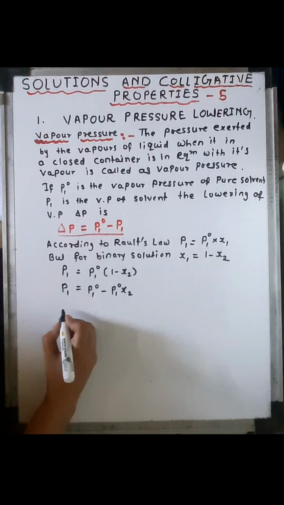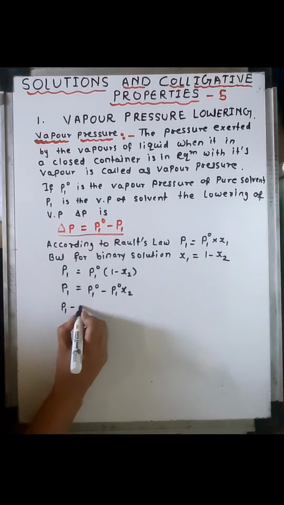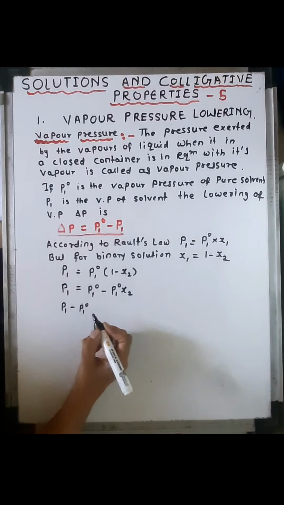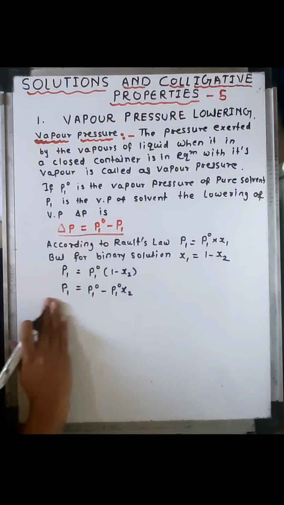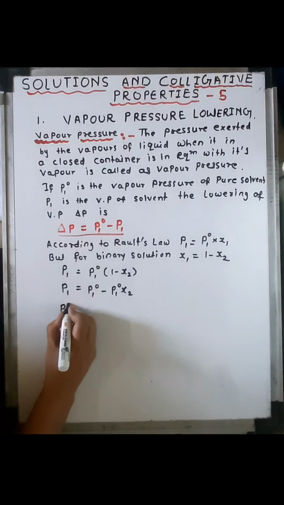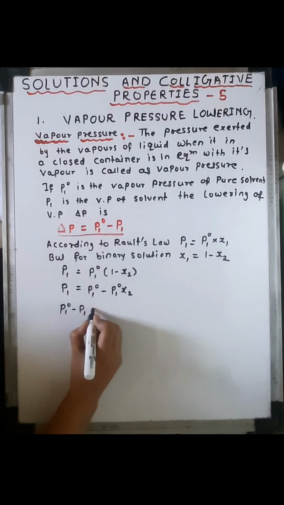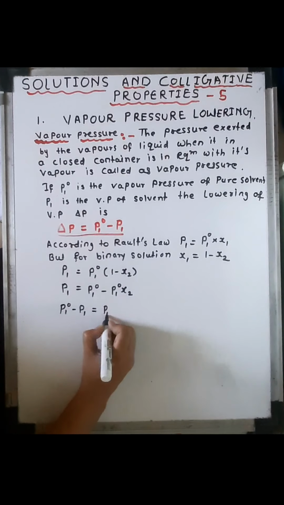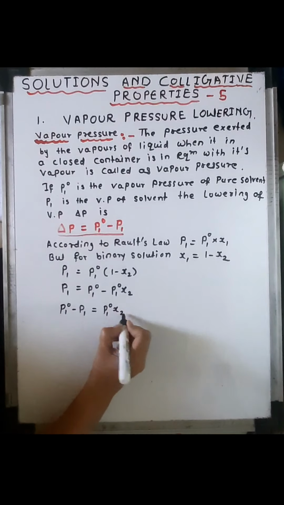Then rearrange this: P1^0 minus P1 equals P1^0 into X2.